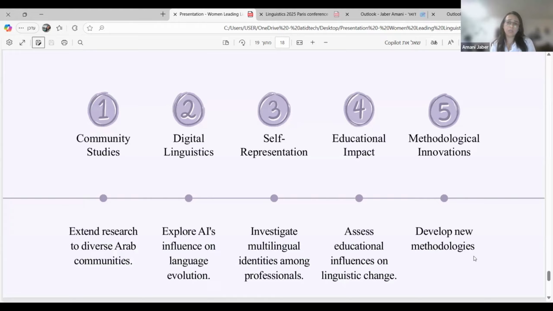All of these points are worthwhile investigating.